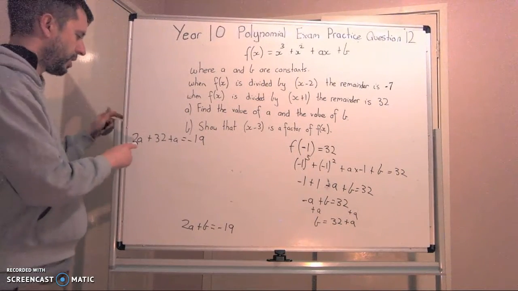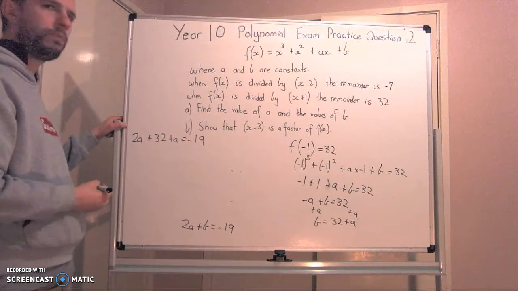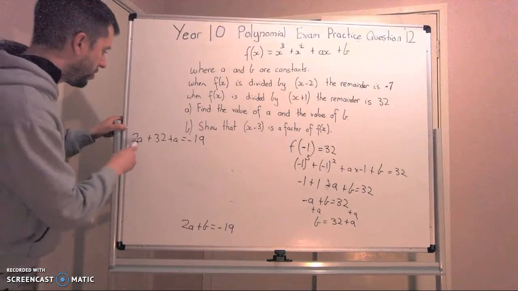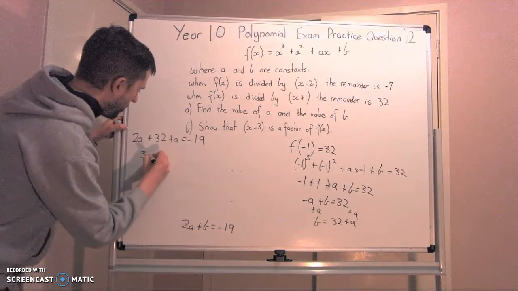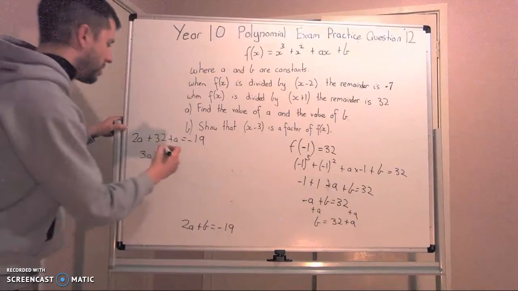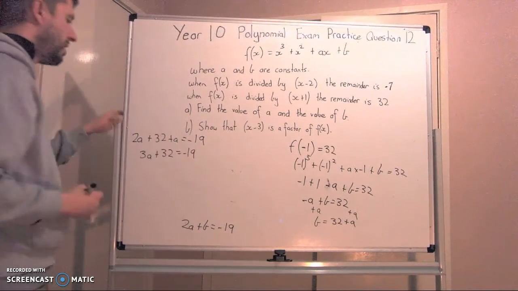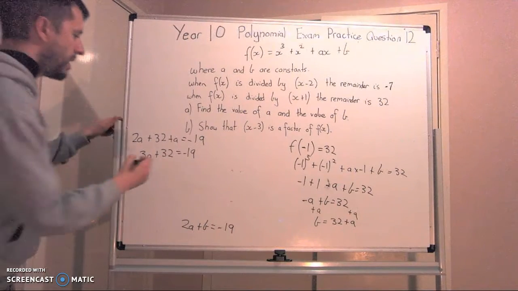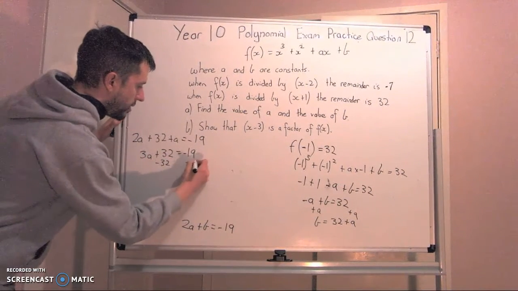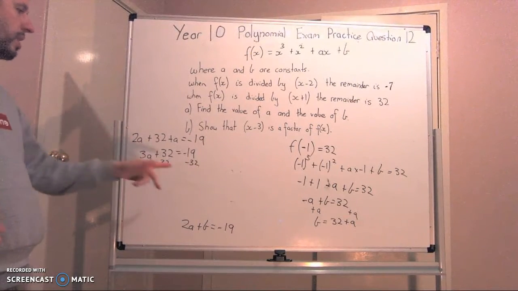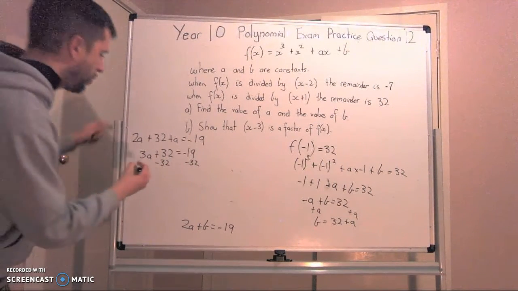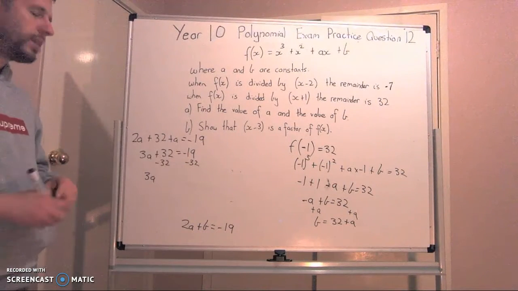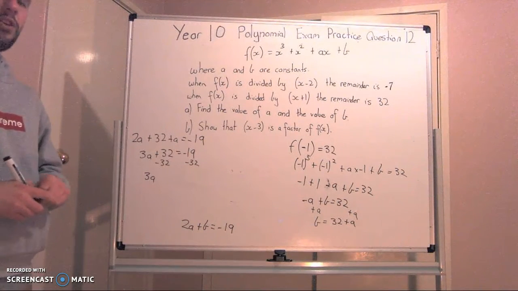Now I can solve it. 2a plus 32 plus a. So 2a plus a is 3a. So I'm left with 3a plus 32 is equal to negative 19. The next step I'm going to do is take away 32 from both sides. If I take away 32 from both sides, I'm left with 3a. And here I've got negative 19 take 32.